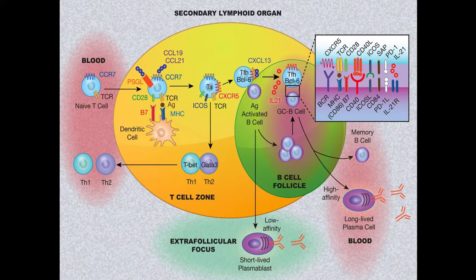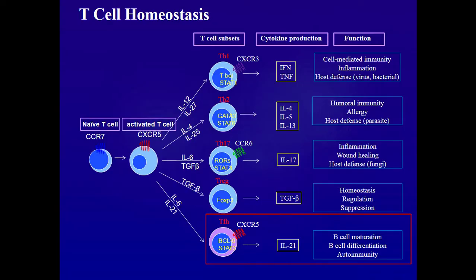This slide summarizes the T cell subsets, the cytokines they produce, and the functions they have. Similar to the last slide, the naive T cell becomes an active T cell after interacting with dendritic cells. Induced by different cytokines, they can differentiate into different T cell subsets.